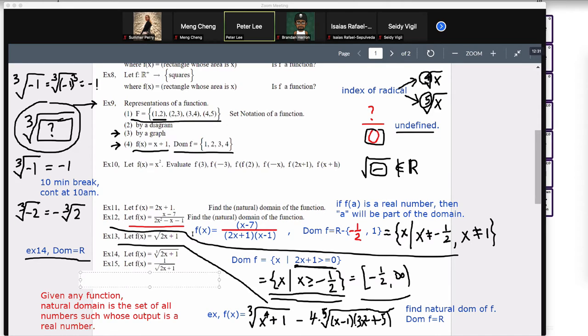So in example 15, let me write the answer. What is the domain here?